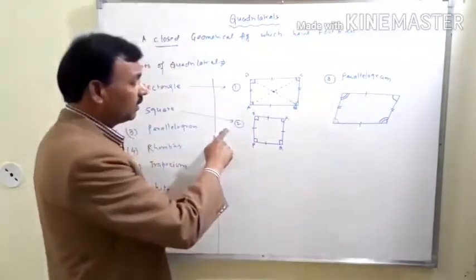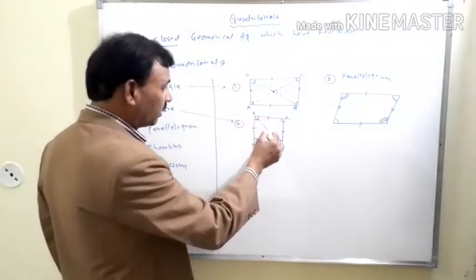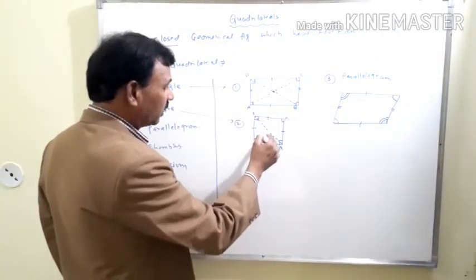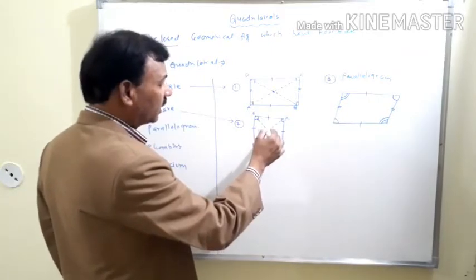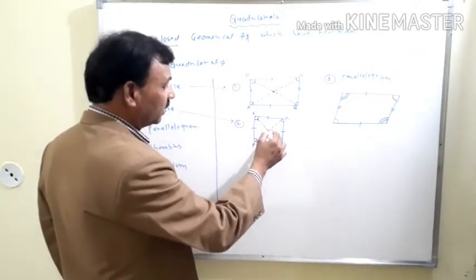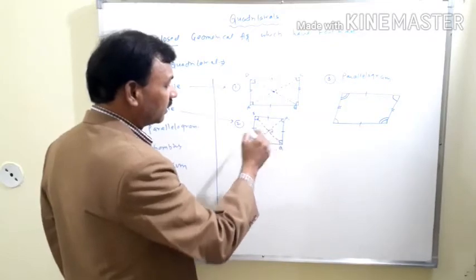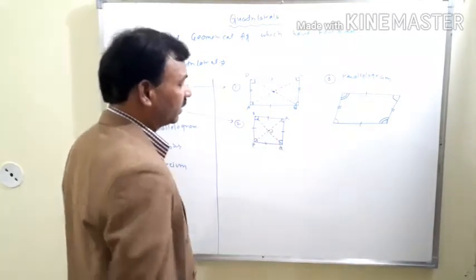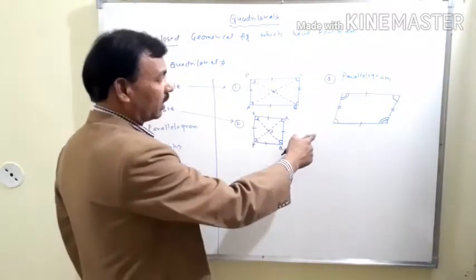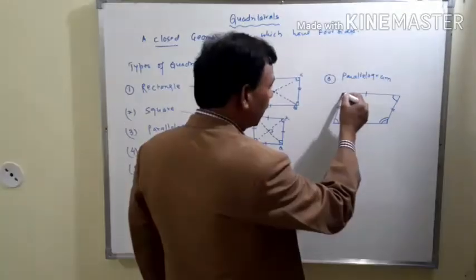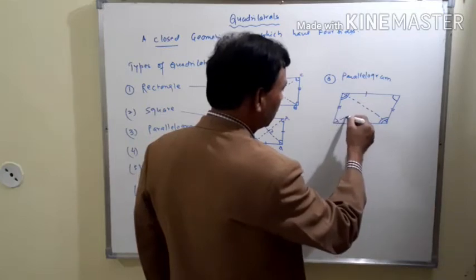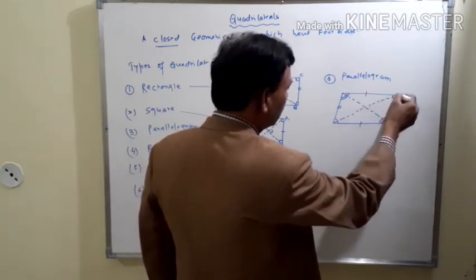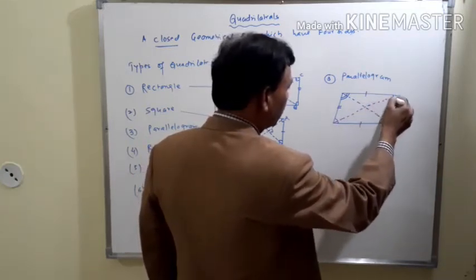In the square, both diagonals are equal and both diagonals bisect each other at right angle. That means this angle is 90 degrees. In the parallelogram, both diagonals are not equal in length, but each diagonal bisects the other.